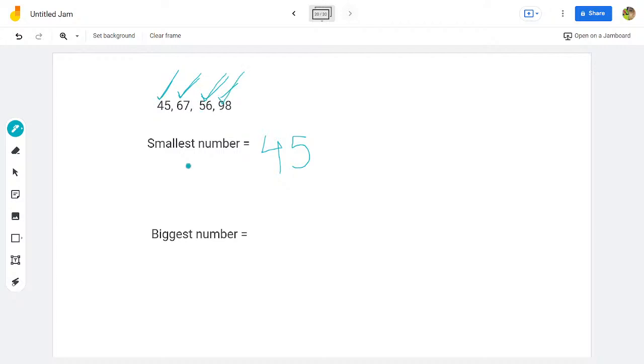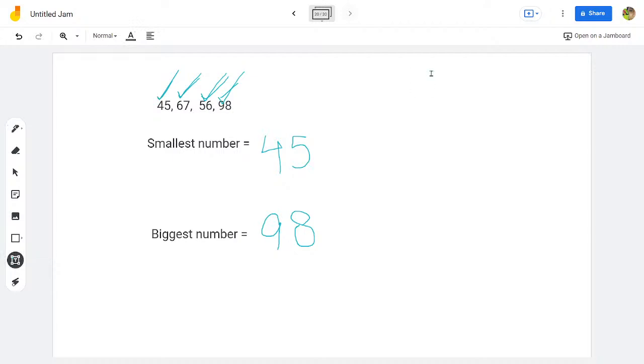Now if we look at all the 4 digits, 4, 6, 5 and 9, 9 is the biggest among all the 4 digits. That means 98 is the biggest number.